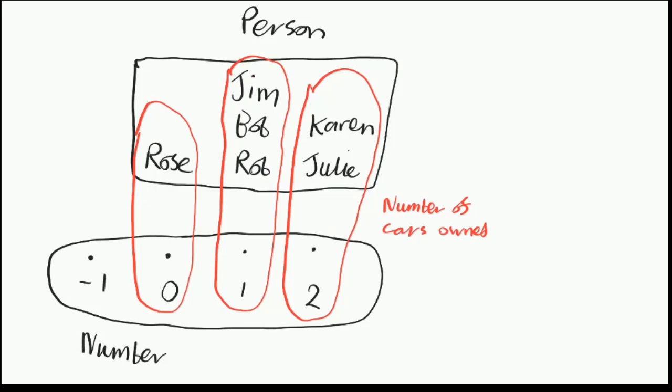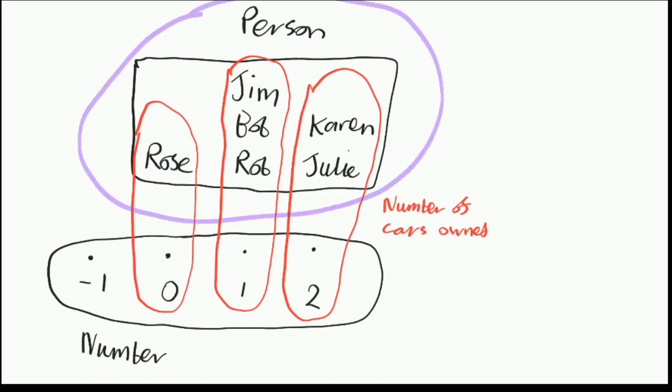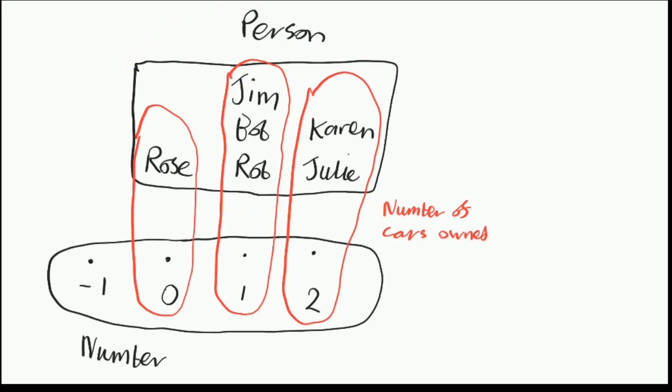It seems as though it's the source set of people that this kind of perspective makes us focus on more, because we can see how this set of people is partitioned up into these different subsets. The subset of people who own 0 cars, the subset of people who own 1 car, and the subset of people who own 2 cars.